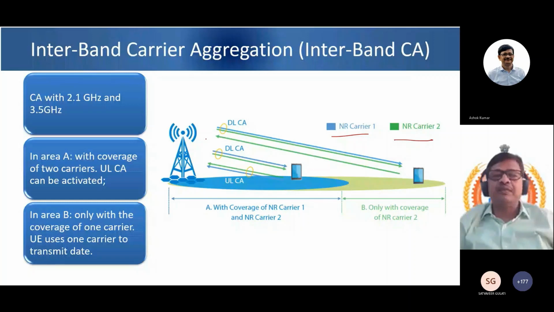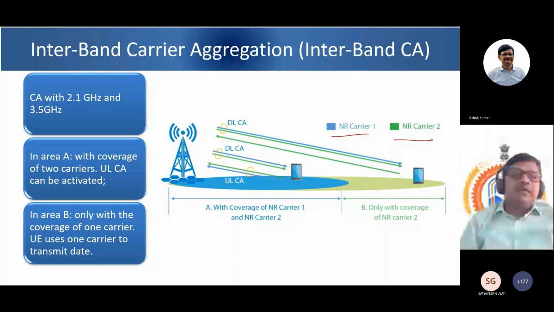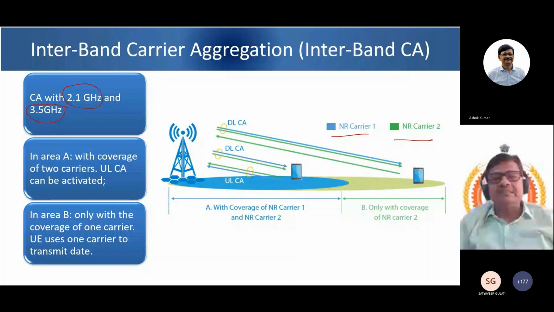There are two parallel transmissions. Here you see that suppose one carrier is 2.1. This is just an example. This can be any other spectrum. For the sake of understanding, I'm taking the spectrum as 2.1 gigahertz and say 3.5 gigahertz. Both are 5G operating.